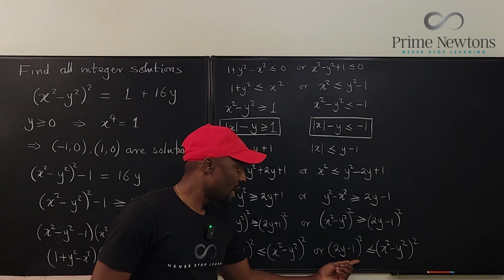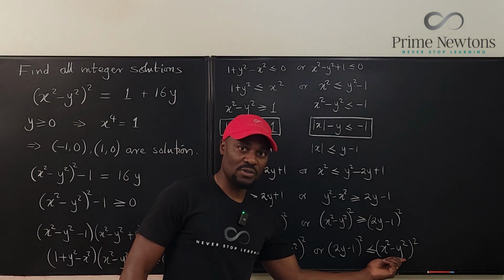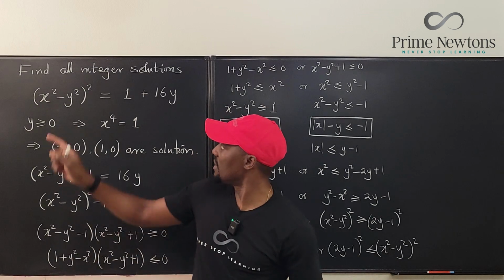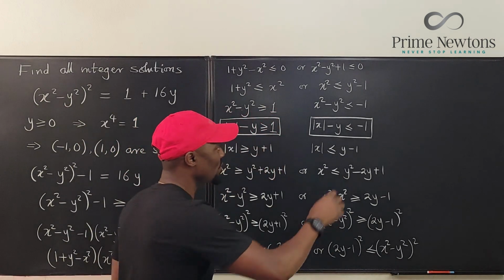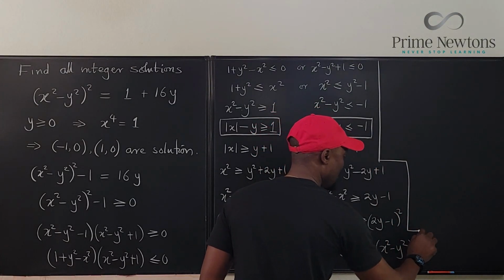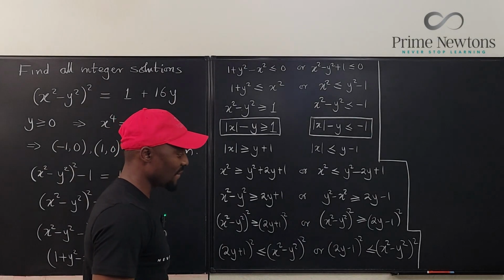Now, this is less than or equal to this, but remember the problem told us that this expression is equal to this. So I have an equation to solve, which is going to give me all my solutions. So look at that.